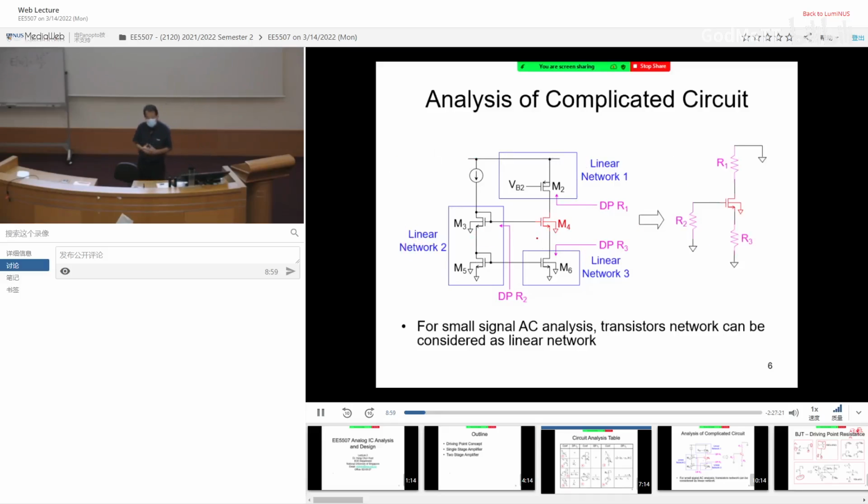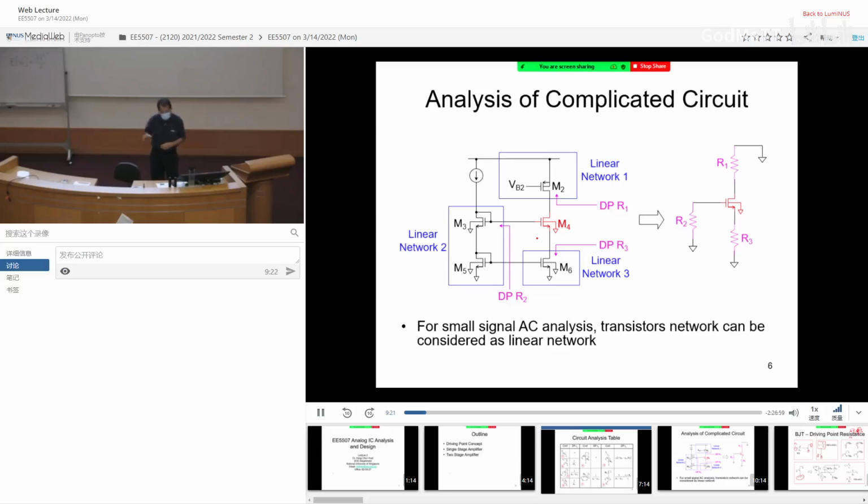I can derive this R1 using the tabulated result. Similarly, I look into the gate terminal of M4, and from the gate terminal of M4, I look into M3. What am I seeing? The equivalent driving point. I can also replace it with R2. And the same thing for M6.